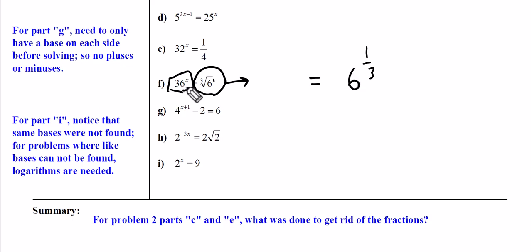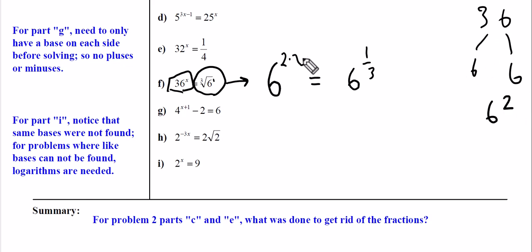36 could be expressed, not in the most factored form, but it's 6 times 6, which is 6 squared. So I could do 6 squared, and of course there's an x because it has that x already in the problem. Now doing that, this is one time when it was convenient not to actually go ahead and do a factor tree.